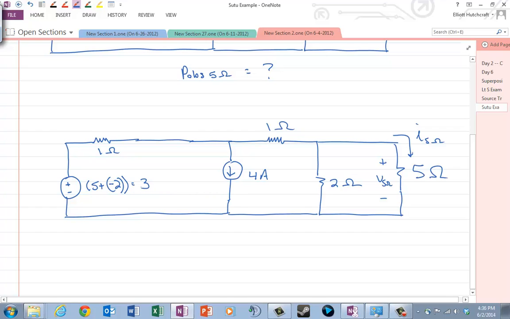So this whole thing is now a 3-volt source right there.